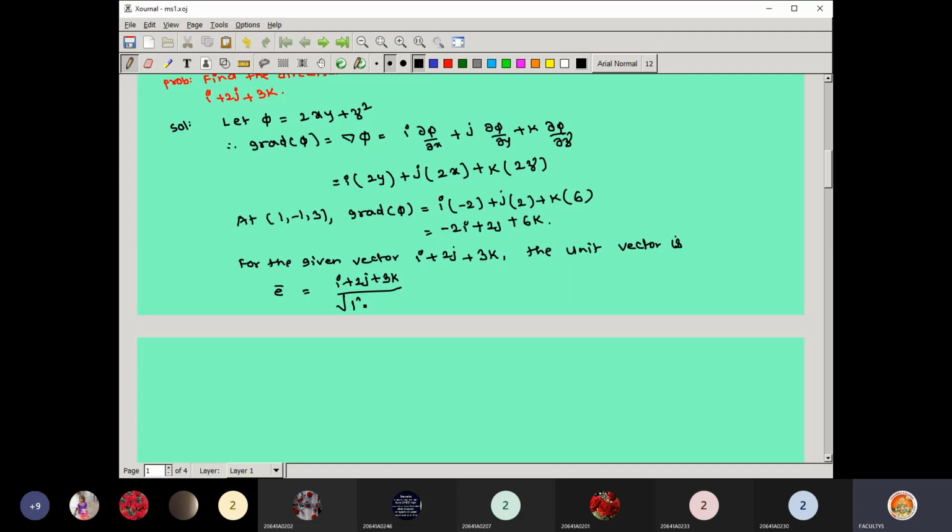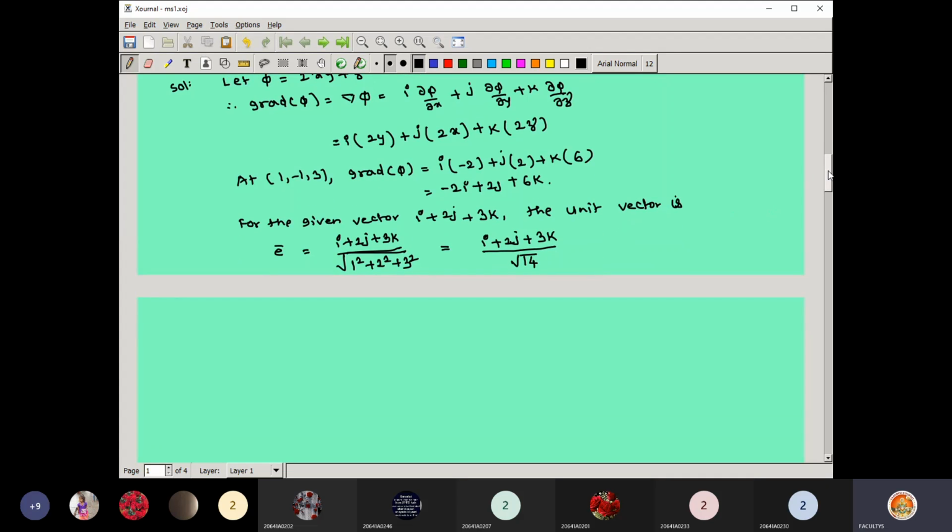So it is 1 squared plus 2 squared plus 3 squared, which is 1 plus 4 plus 9, 14. So it is root 14. You keep it as it is, because root 14 cannot be found directly. You leave it as it is.